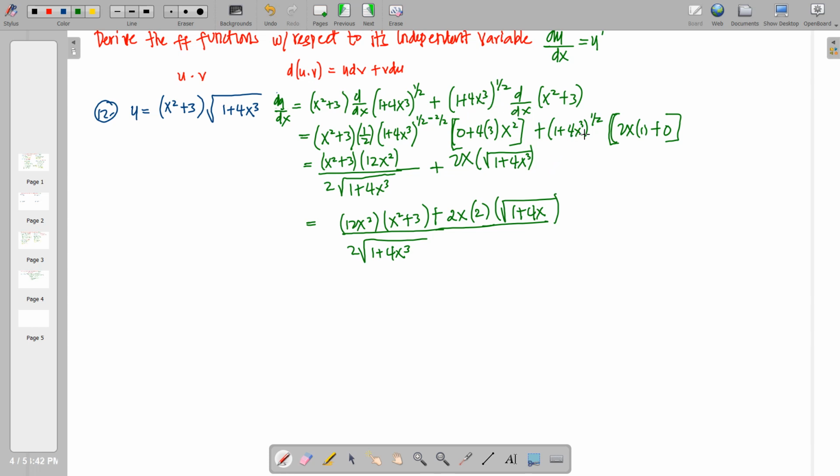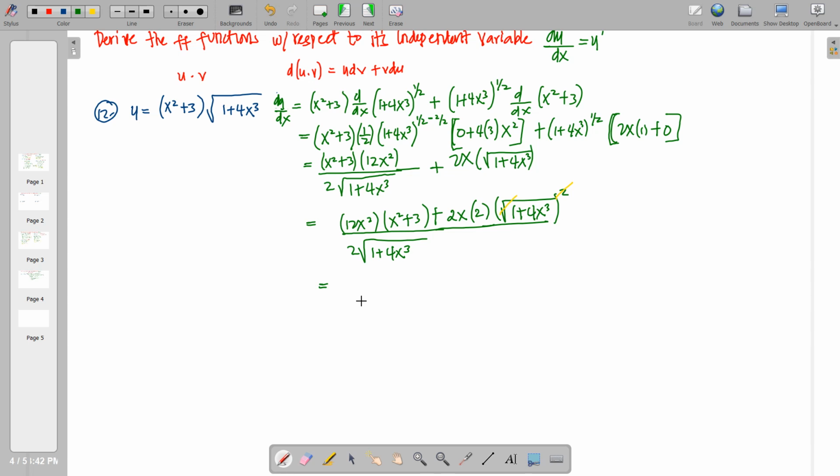So it doubles, and it became squared. Okay? So what happened is that we can now eliminate the radical sign there. Okay? We can cancel that one.